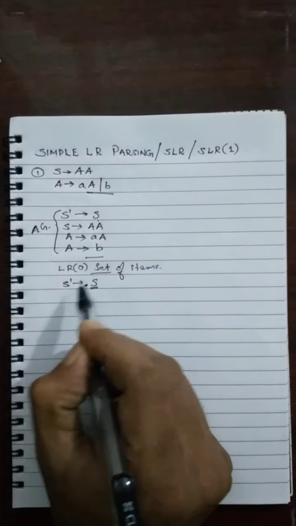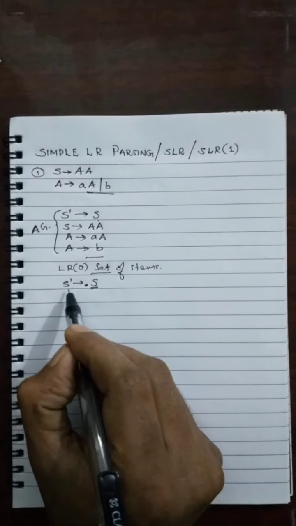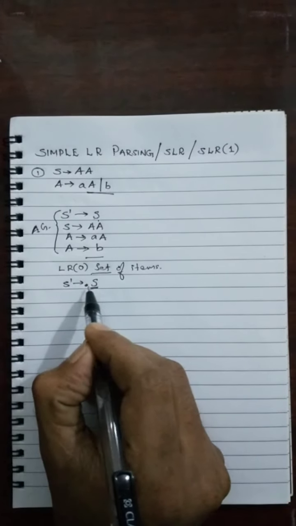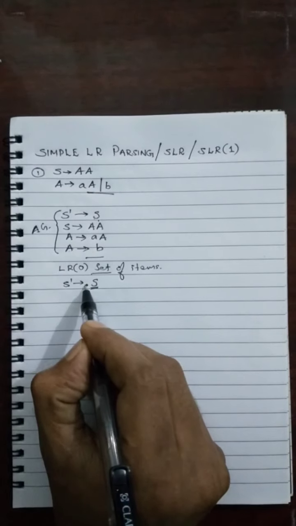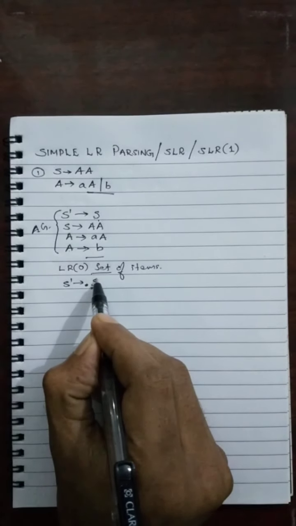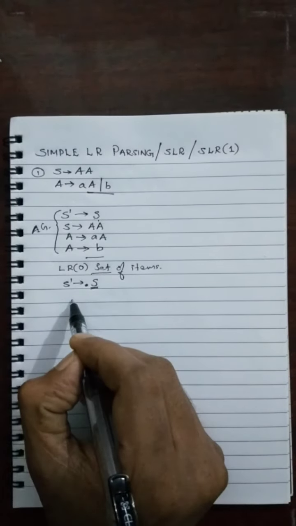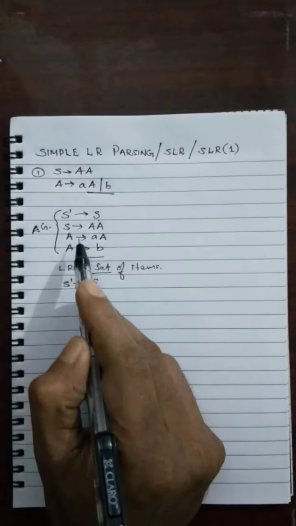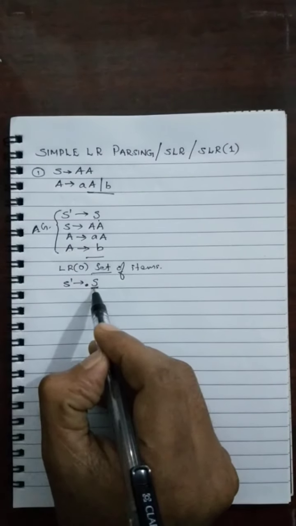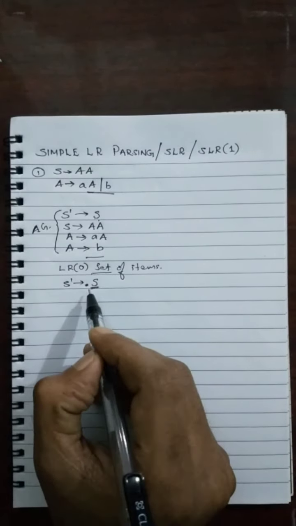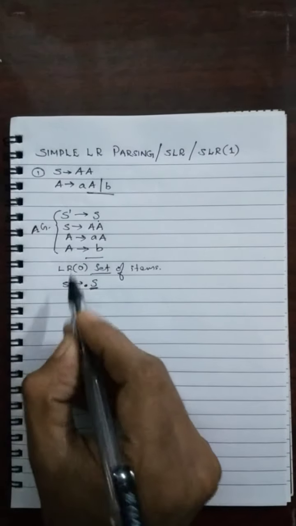Only then does this get completed. So we have S' producing .S. After the dot, since this is a non-terminal, you have to add all those productions from the given grammar which start with S.